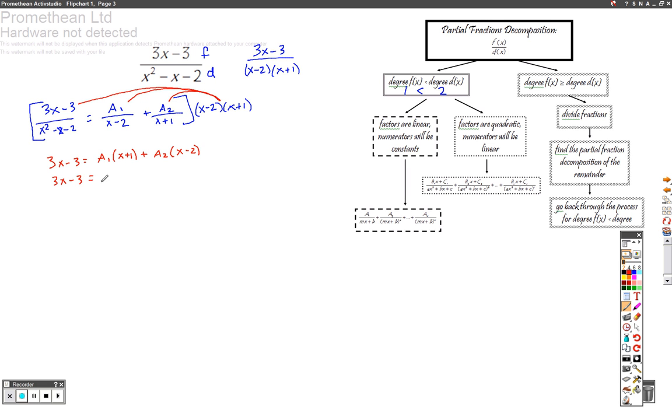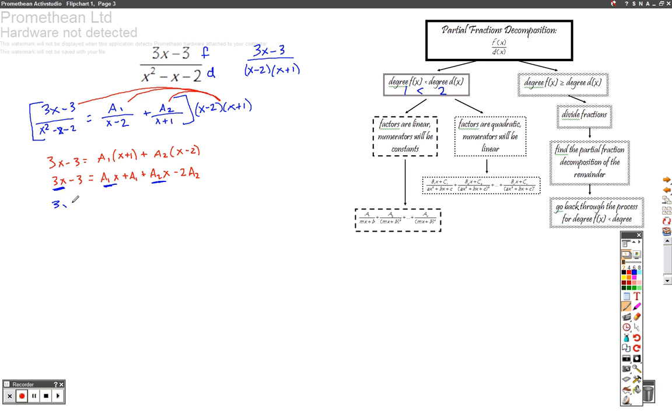3x minus 3 equals a1x plus a1 plus a2x minus 2a2. In the next part, I'm going to put my like terms together. I have a 3x, an a1x, and an a2x.